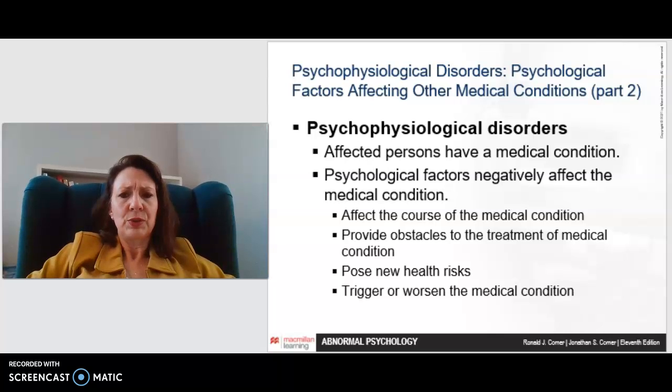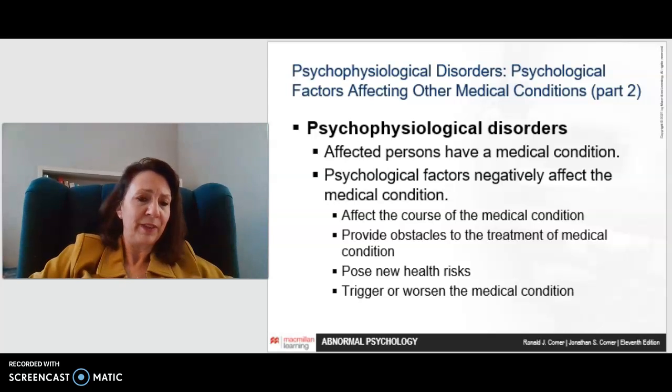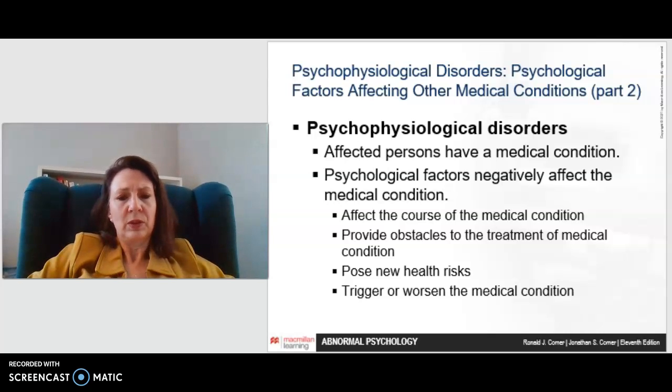The psychophysiological disorders are characterized by affected persons having a medical condition and the psychological factors negatively affect that condition. They affect the course of the medical condition, they provide obstacles to treatment, they pose new health risks, or they trigger or worsen the medical condition.